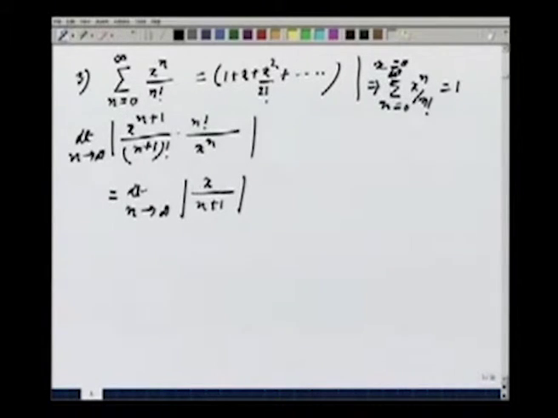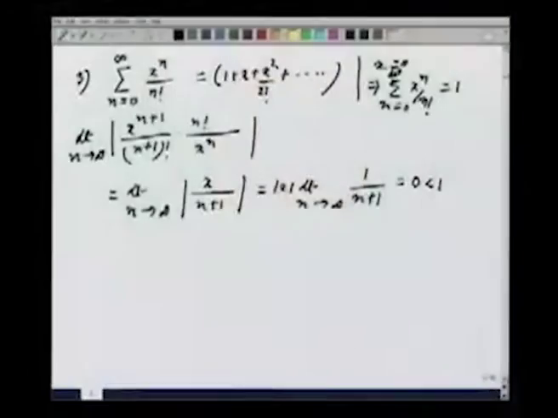Again, x is independent of n, so it is mod x times limit n going to infinity 1 by n plus 1, which is 0, whatever my x is. Notice for convergence in the ratio test, the limit is strictly less than 1. In this case I get 0, which is strictly less than 1. That means this series converges for all x, whatever x you choose.